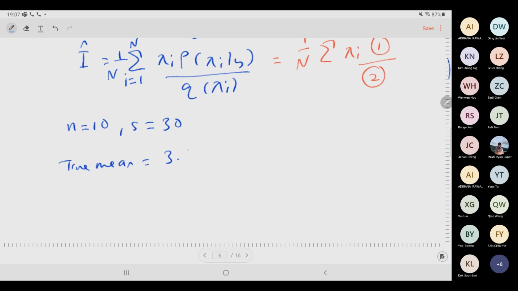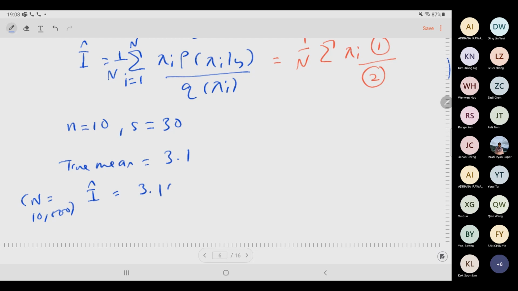If you do this Monte Carlo simulation with N equal to 10,000, I can get my estimate as 3.1, or 3.10 something.